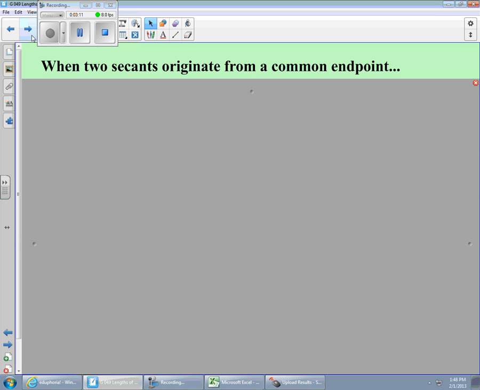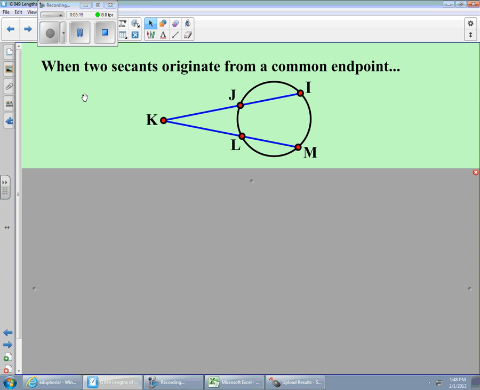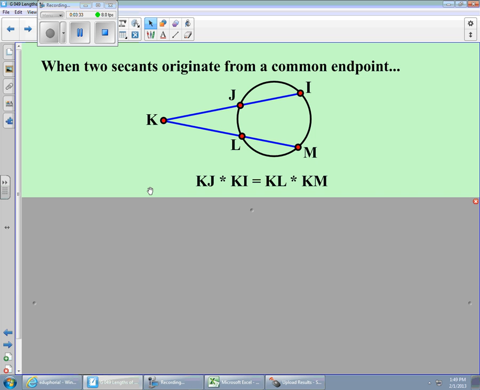The next situation is when two secants come from a common endpoint. And once again, we're going to have a formula that is going to organize these pieces of the secants. If you're able to understand the second half of the previous rule, then this rule works exactly the same way.